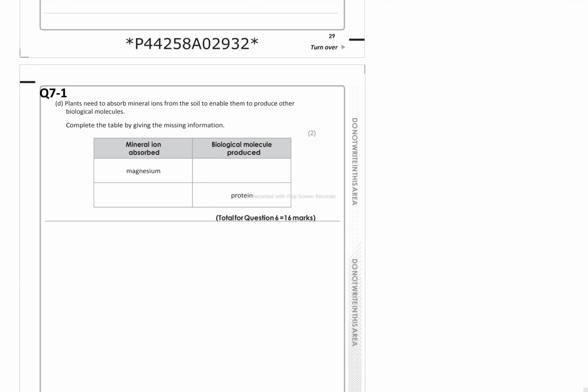Okay, let's look at this. Plants need, so remember what we said about magnesium. We said magnesium is used to make chlorophyll, which is in the chloroplast, which is used for photosynthesis to make food for the plant.